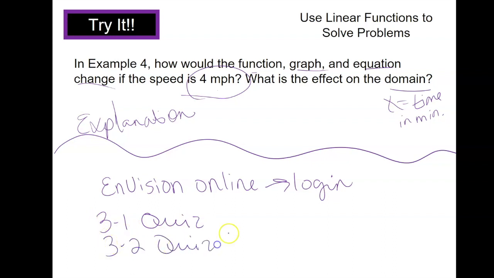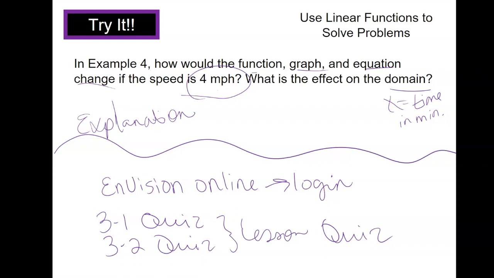So I'd like you to complete both of those. Those are lesson quizzes. And this is just for you to see where you're at and for me to see where you're at with learning all of this. There's remediation work that gets assigned to you. You can watch Virtual Nerd. So any of the questions that you get wrong, go back and complete the additional activities so that you're getting the content and learning it.